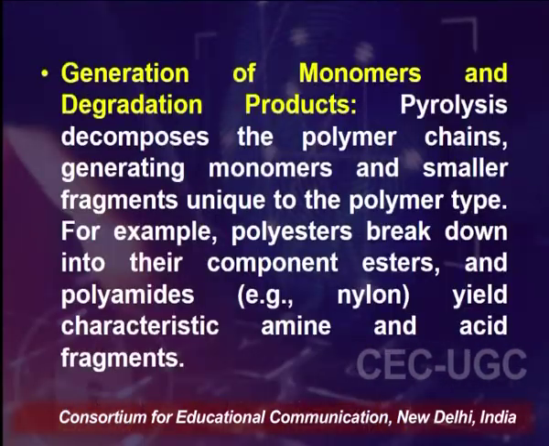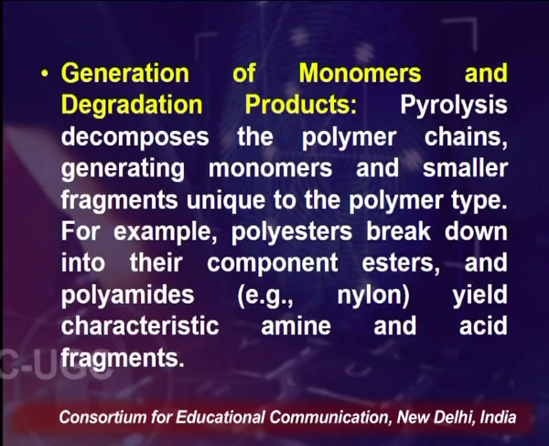After heating our sample at a range of 500 to 1000 degrees Celsius, we generate various monomers and degradation products. This pyrolysis decomposes the polymer chains, generating monomers and small fragments which are unique to that particular polymer type.